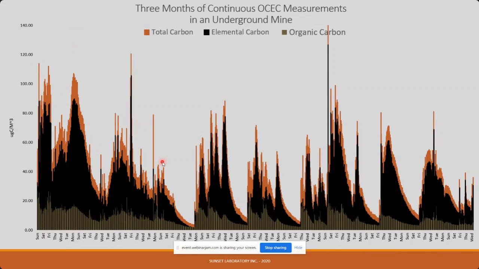We always like to point out, you can see, these are the shift changes in mines. They don't always follow the weekend, but when they have time off from the mine, they go home and the mine concentration clears out, and then they come back and start working again, and you see diesel particulate matter.